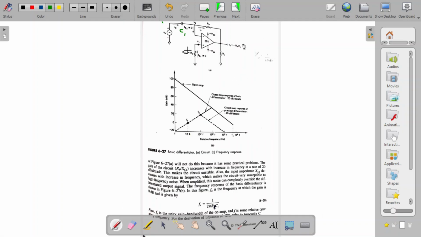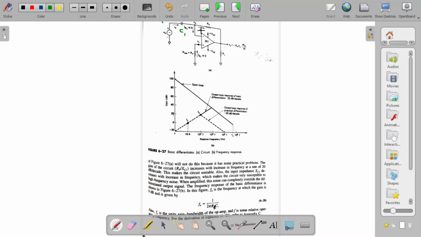Here you can see that the voltage across capacitor C1 is actually the Vc, right? This is the voltage difference between the two junctions, so that at this junction it is V in, at this junction it is V2. So Vc is actually V in minus V2. That is what I applied there.